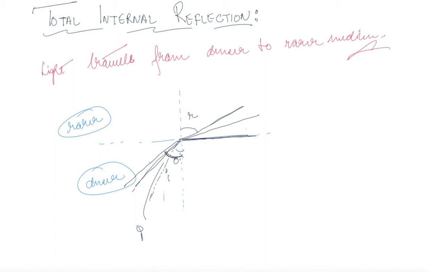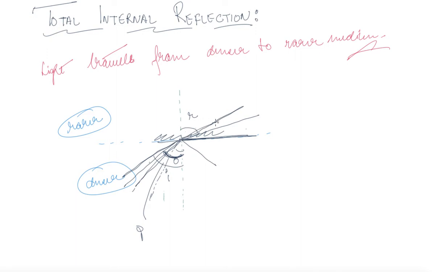Now, beyond this point, if you increase the angle a bit more, this particular ray would not be going outside this medium, but instead it will be reflected back from the medium. So this will act as a plane mirror, and it will send this incident ray back to the same medium.